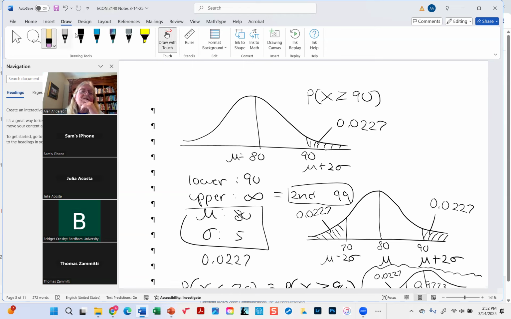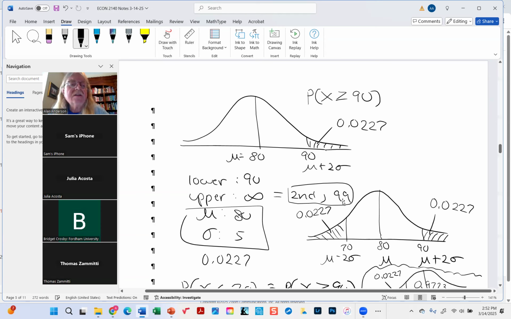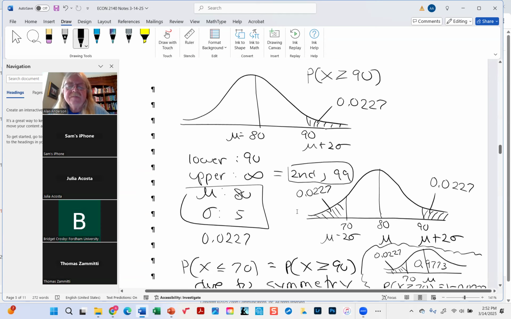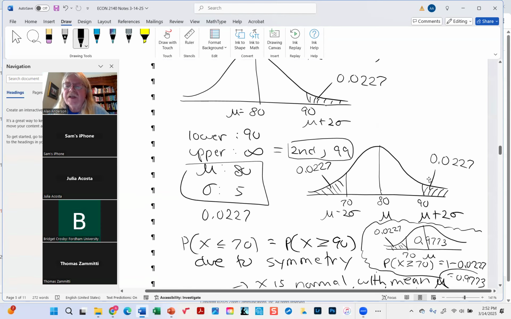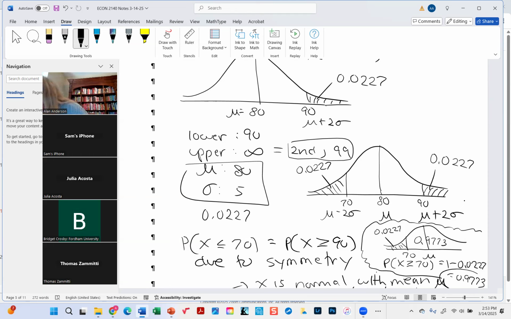And nobody should be surprised to see that we end up with 0.0227 again because of the symmetry of the distribution. So in other words, down here, I've shown that 70 or below and 90 or above represent the same areas under the curve. They must therefore have the same probabilities, 0.0227.